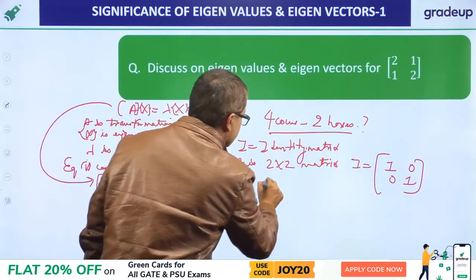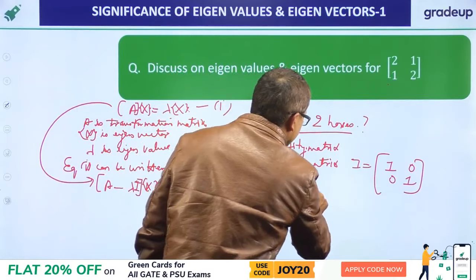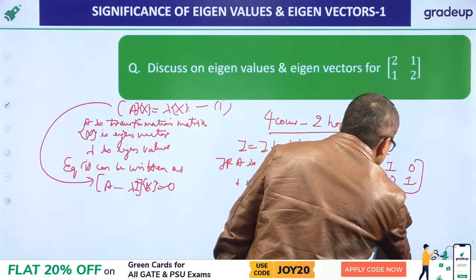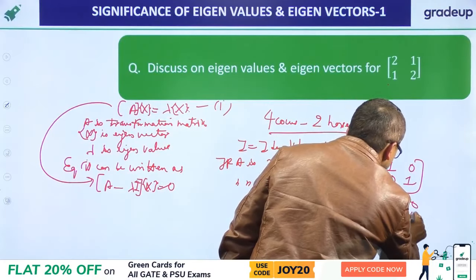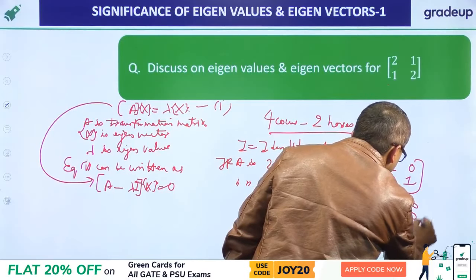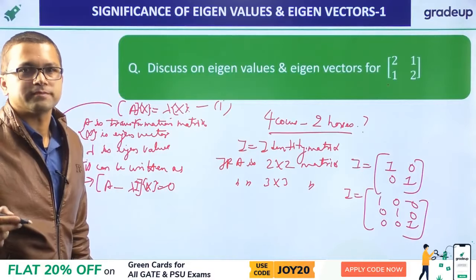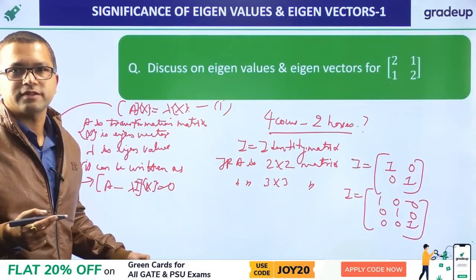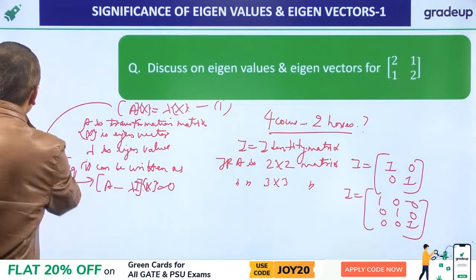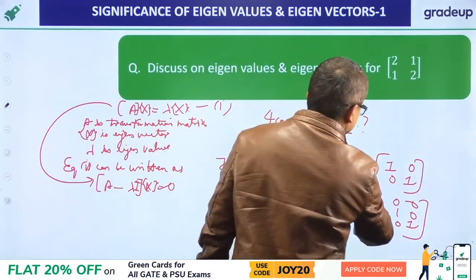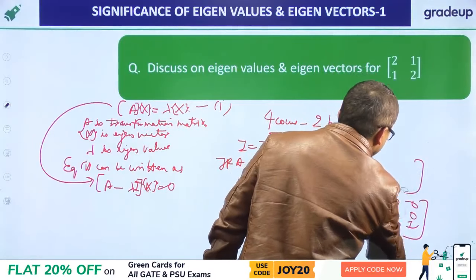If A is a 3 cross 3 matrix, then I is something like this, 1 0 0, 0 1 0, 0 0 1. I hope you understand all this. Yes, this is very basic stuff. So I put I over here. Now I am going to erase all of this.